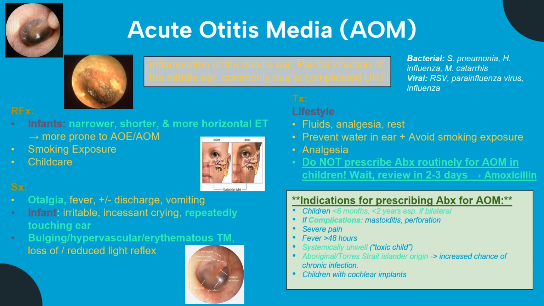If they're having quite severe pain or a fever for over 48 hours, particularly a high fever, if they're toxic or systemically unwell, or if they're of Aboriginal or Torres Strait Islander origin, because they have an increased chance of chronic infection as well as complication. Children with cochlear implants are also at risk, because you don't want to have any further insult to the ear, which could lead to further hearing loss.